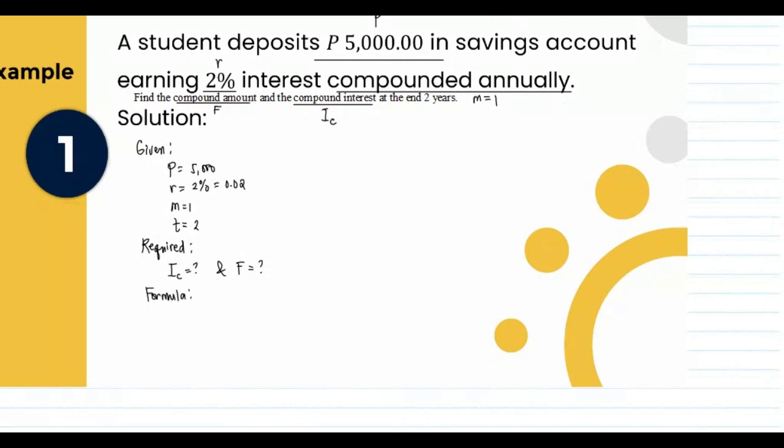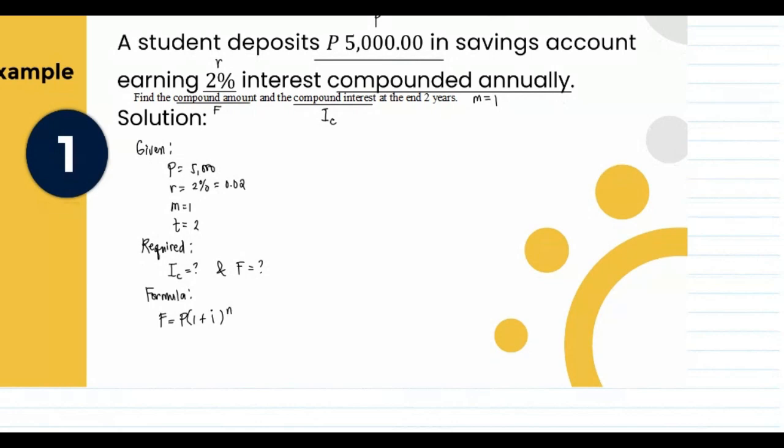Now, what's going to be the formula that we are going to use? So for the formula, obviously, if we are finding for the compound amount, it will be F is equal to P times 1 plus i raised to n. And then if we are going to find for the interest, so yung interest natin will be a value that would be subtracted to our compound amount. So it's a difference resulting from subtracting our principal from the compound amount.